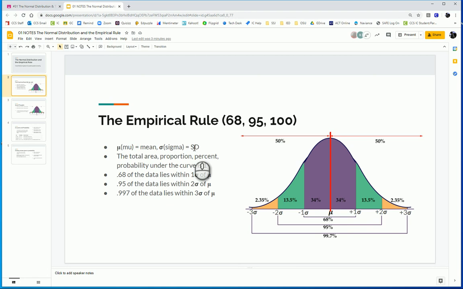Okay, so on a normal distribution, mu is at the center, and we section it off into sections based on how far away from the mean they are in terms of standard deviation. So this would be 1 standard deviation above the mean. This point is 2 standard deviations above the mean, and this point is 3 standard deviations above the mean.